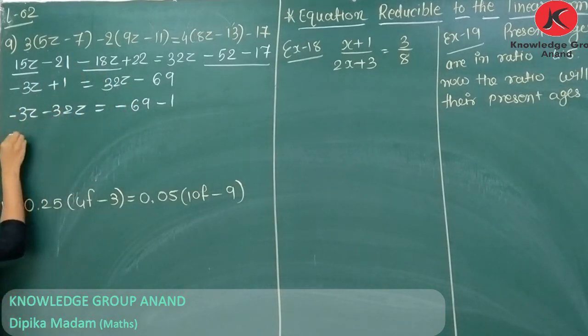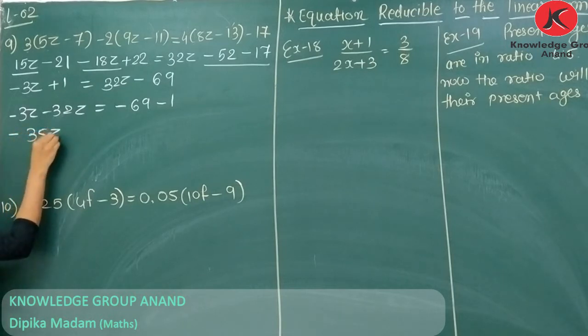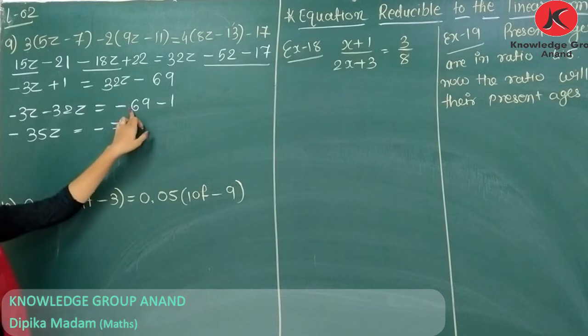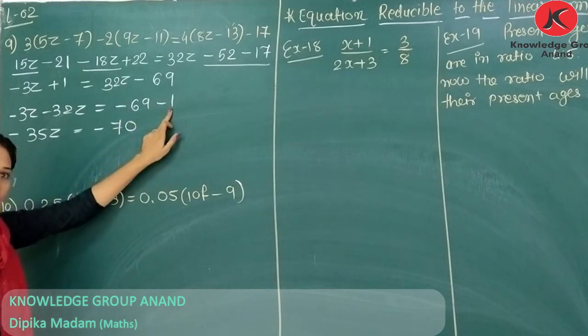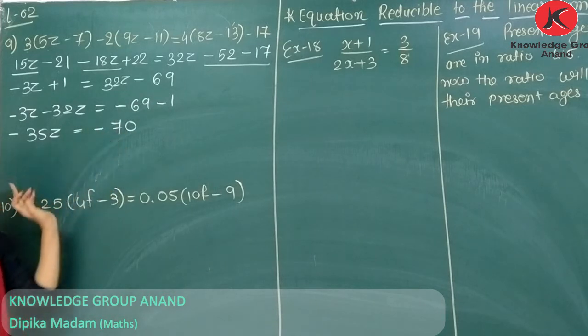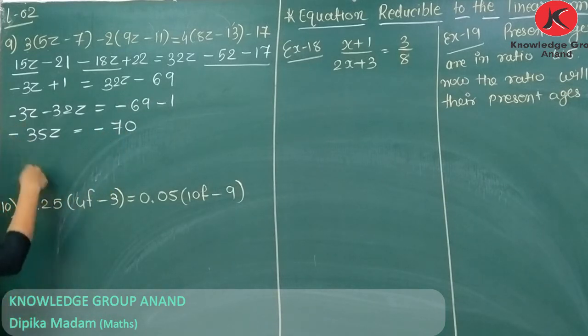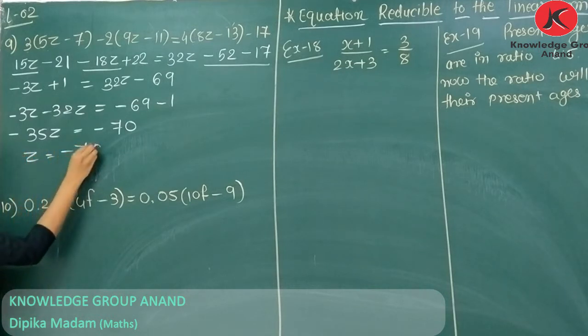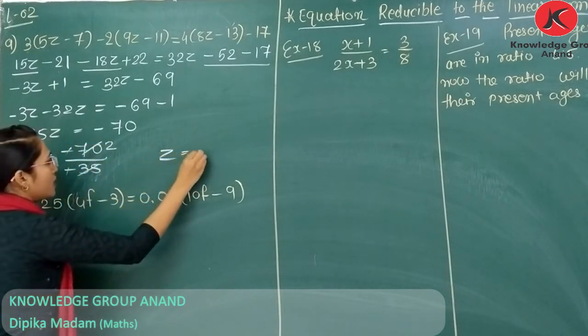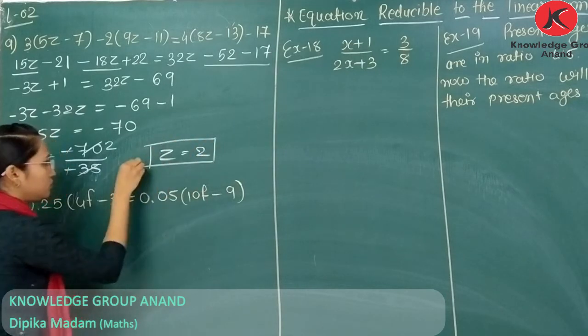Minus 3 minus 32 is minus 35z is equal to minus 70. 69 is negative, 1 is negative, so both are negative. Add the numbers, 69 plus 1, 70, sign of bigger number is minus, minus 70. Minus 35 will be in a divide, so z is equal to minus 70 by minus 35. You can cut the sign, 35 times 2 is 70, so z is equal to 2.